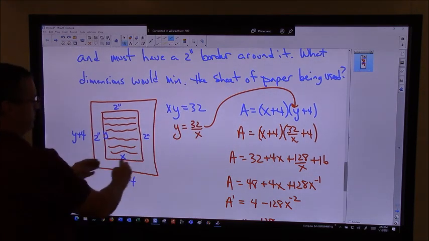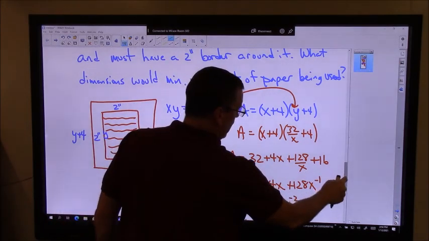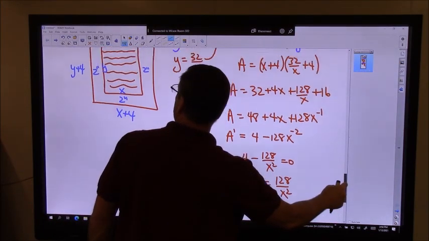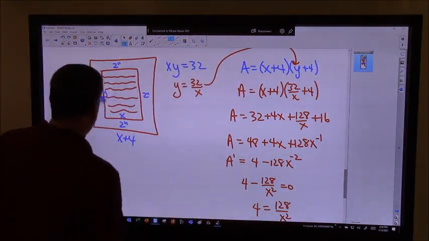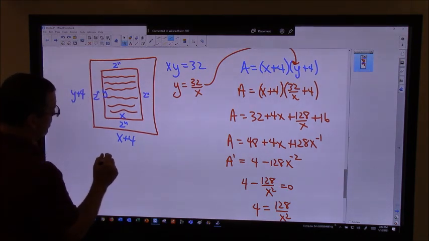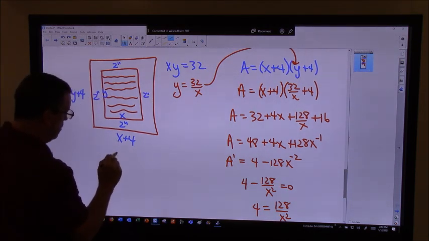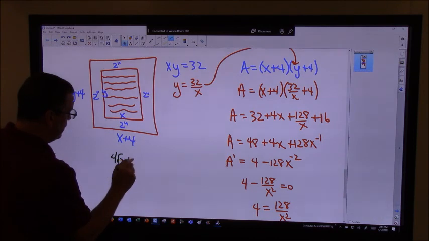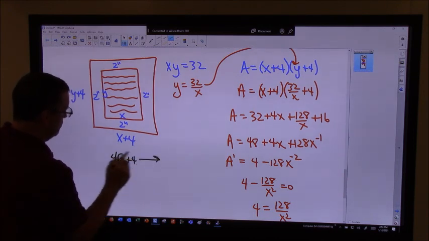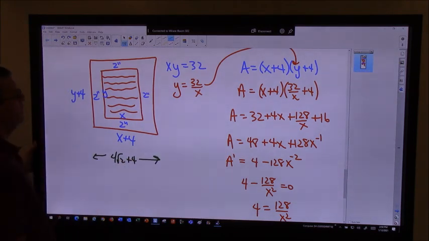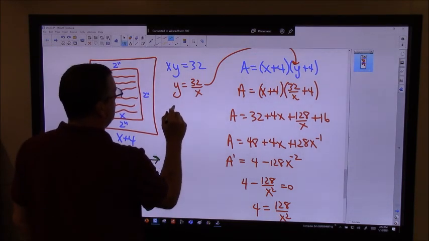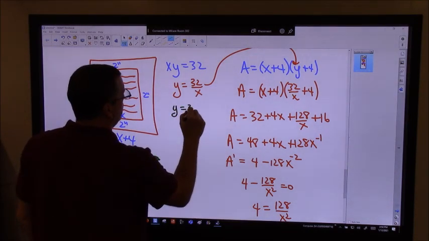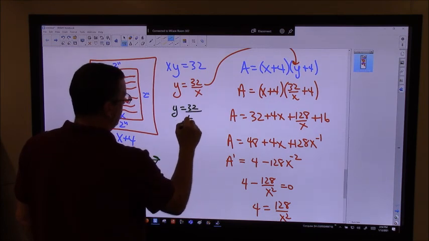The whole sheet. So if I've got 4 root 2, then I'm going to say that this length right here would be 4 root 2 plus 4. And what's my y value? My y value is going to be 32 divided by 4 root 2.